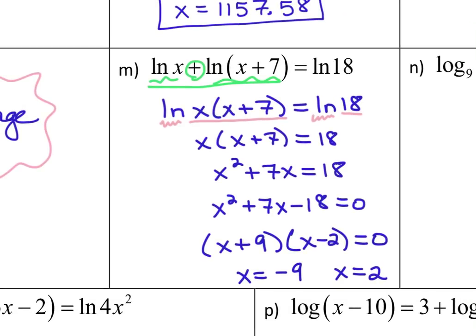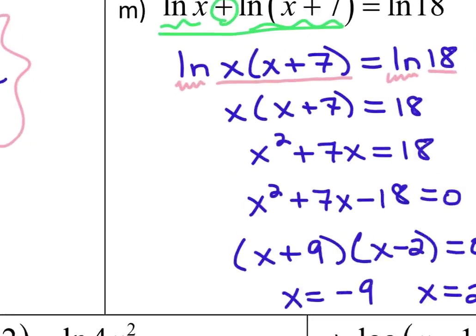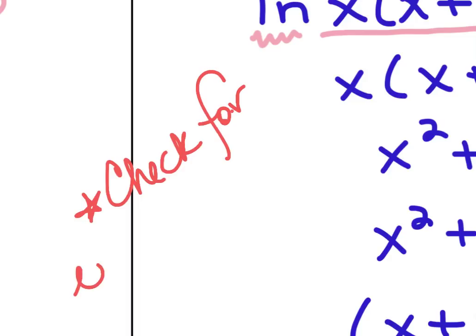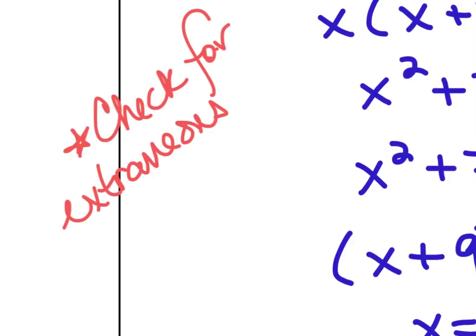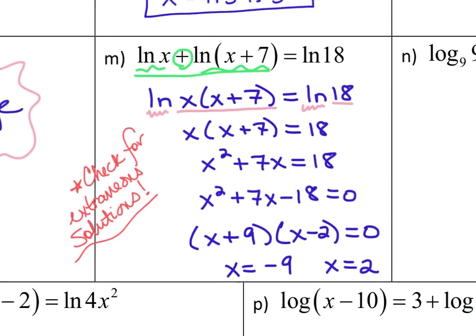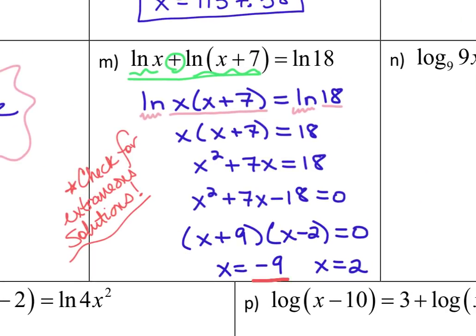But remember that you have to check for an extraneous solution. Make a little note of that to yourself, that you have to check for extraneous solutions. And so in this case, I can't use -9 because ln of -9 would not be a solution to this equation.